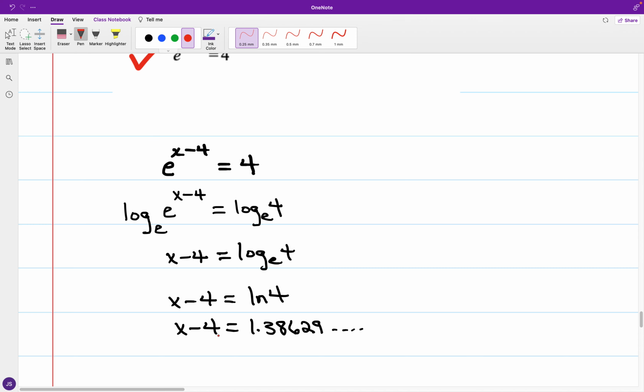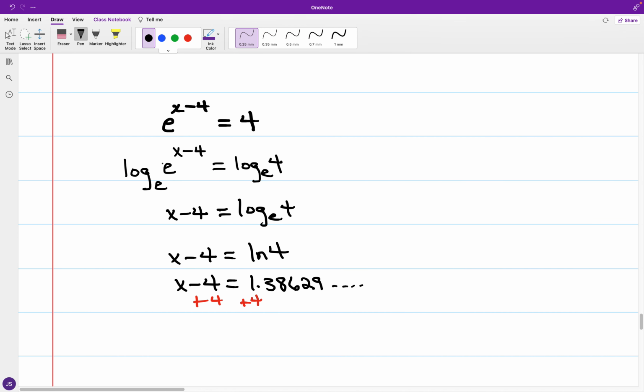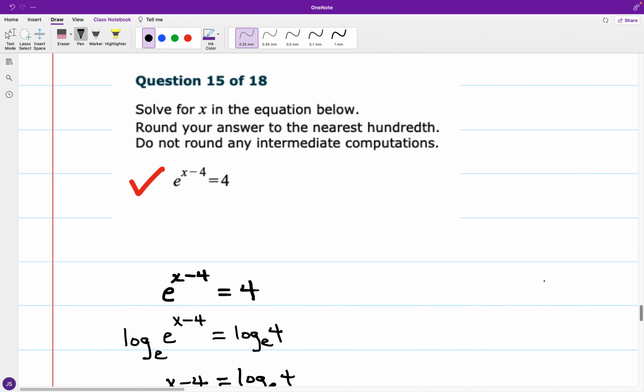And looking at isolating x, so for x, we have 5.38629. But in terms of the final answer, again, we're looking at rounding to the nearest hundredth.